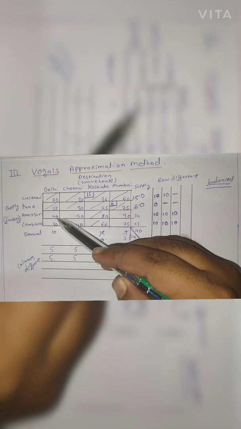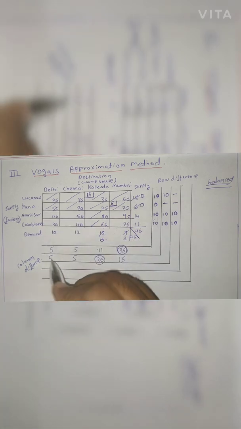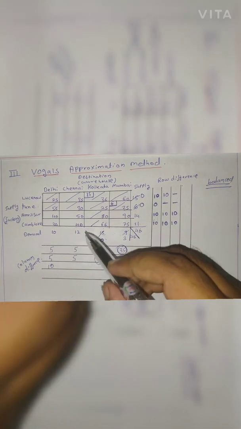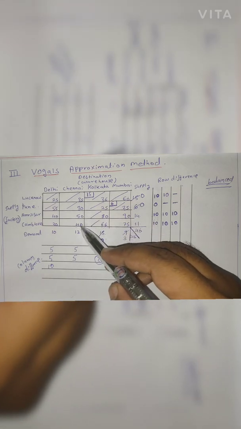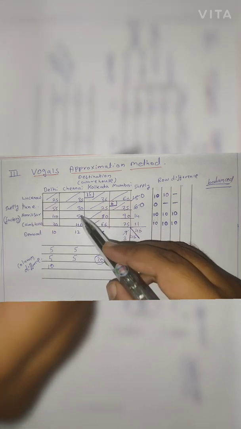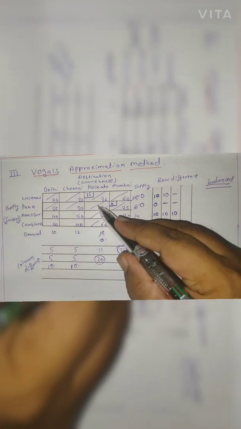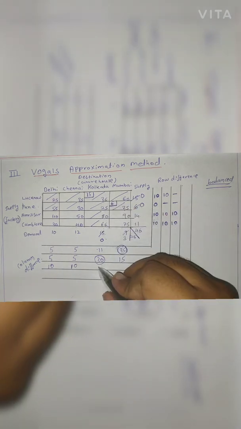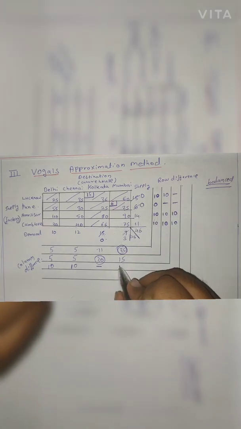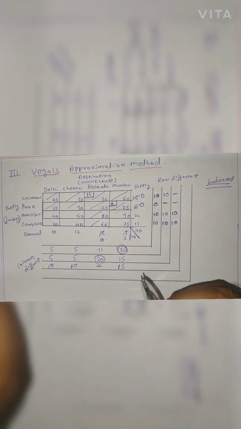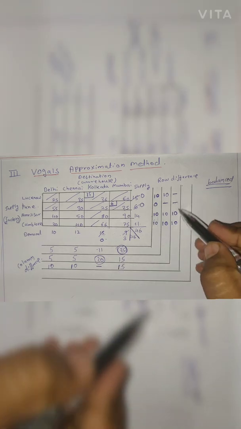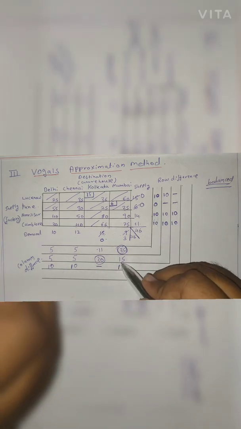So lowest is 30, second lowest is 40, so 40 minus 30 you will get 10. Here lowest is 40, second lowest is 50, so 50 minus 40 you'll get 10. This column is eliminated, so we'll put a dash. Now here lowest is 75, second lowest is 90, so the difference is 90 minus 75, you'll get 15. The highest value among all these is 15.